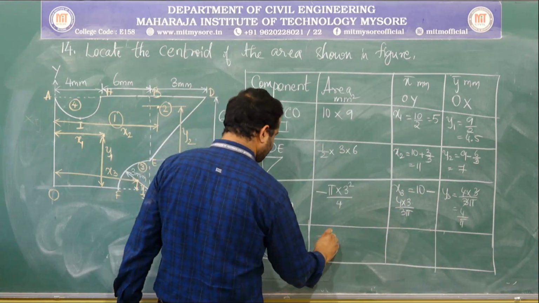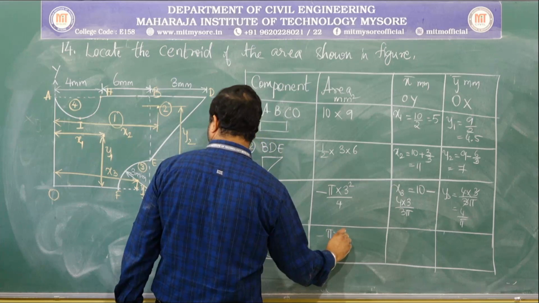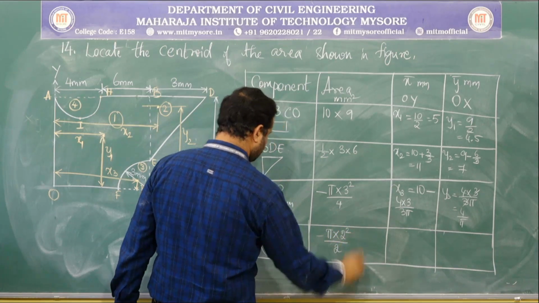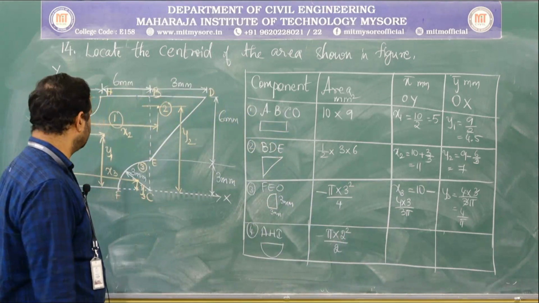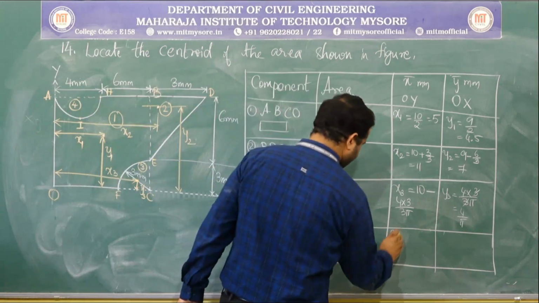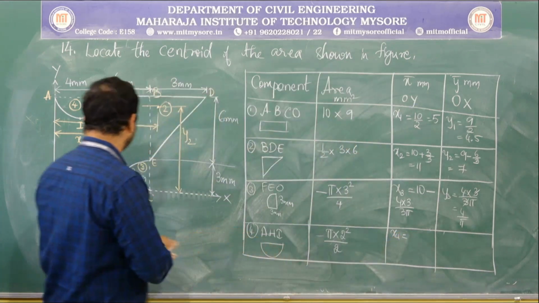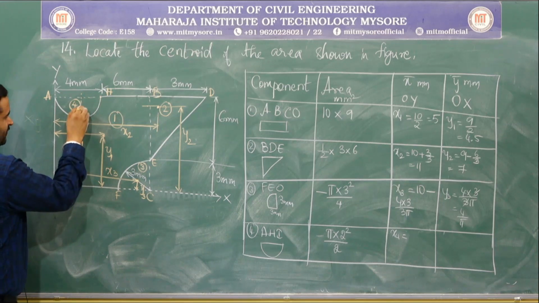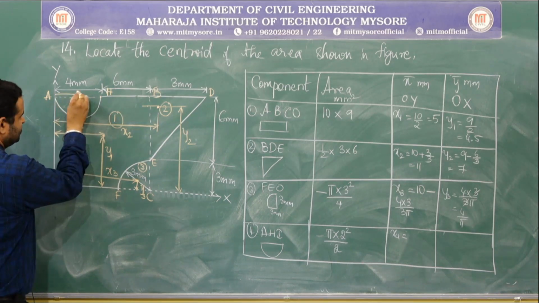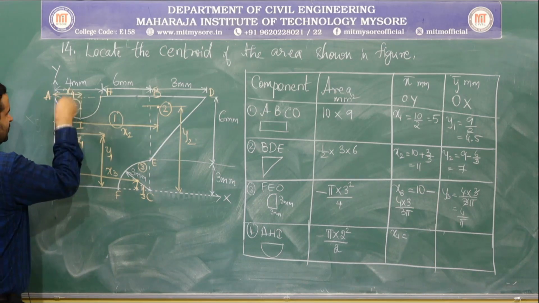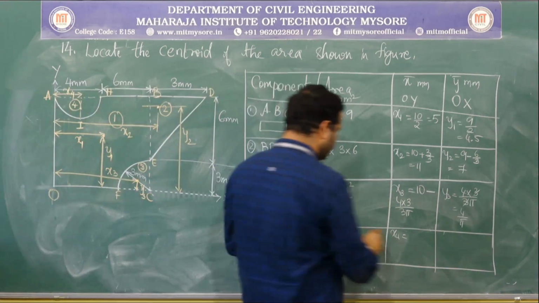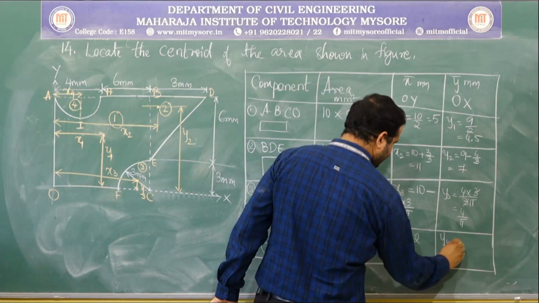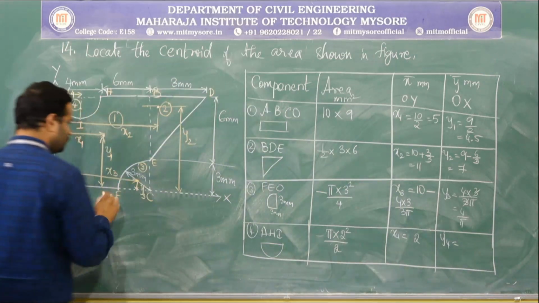So its area is again minus pi into 2 square by 2, and then its x4. We know the centroid lies somewhere here for a semicircle. So this distance is nothing but equal to the radius, that is x4. x4 is equal to the radius, 2 mm, and y4 is equal to, measure it with respect to OX.